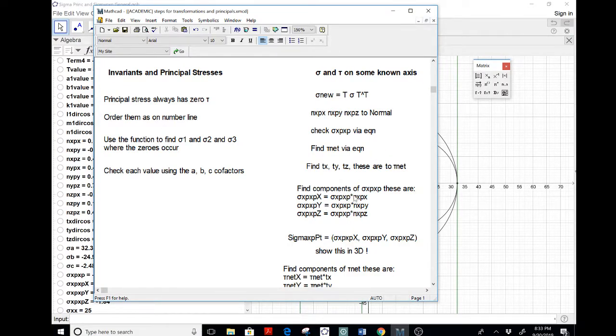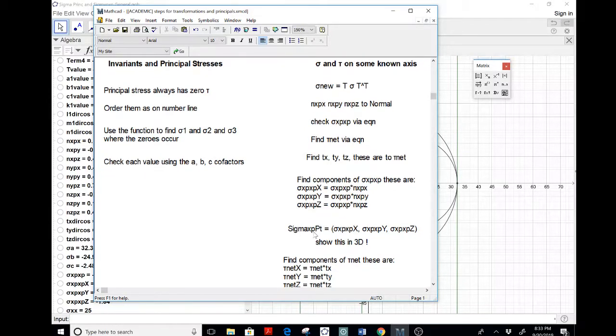All right. Now, how did I plot that point? Well, I broke this sigma x prime up into three pieces, x, y, and z. And it's really easy to do because I have all the parts. I have the actual sigma x prime, and I have the direction cosines. And remember, I'm using n's for those direction cosines. So that's easy breezy.